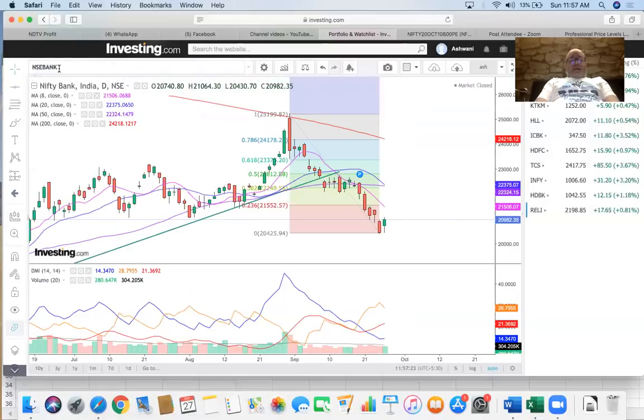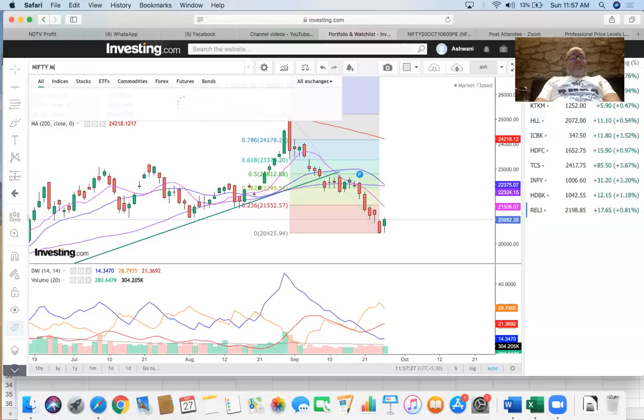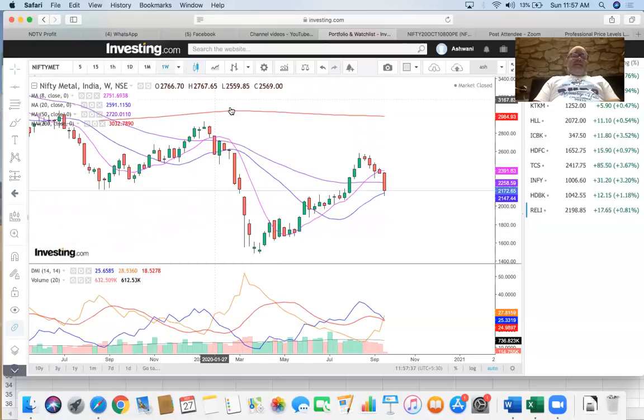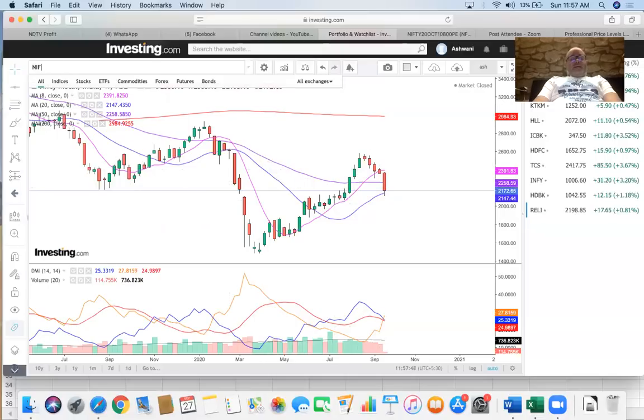Now what I want to do today is look at several sectoral charts and see what is happening to them on a weekly basis. This is the Nifty Metals chart. Fairly strong downside week. You can look at Nifty Pharma.